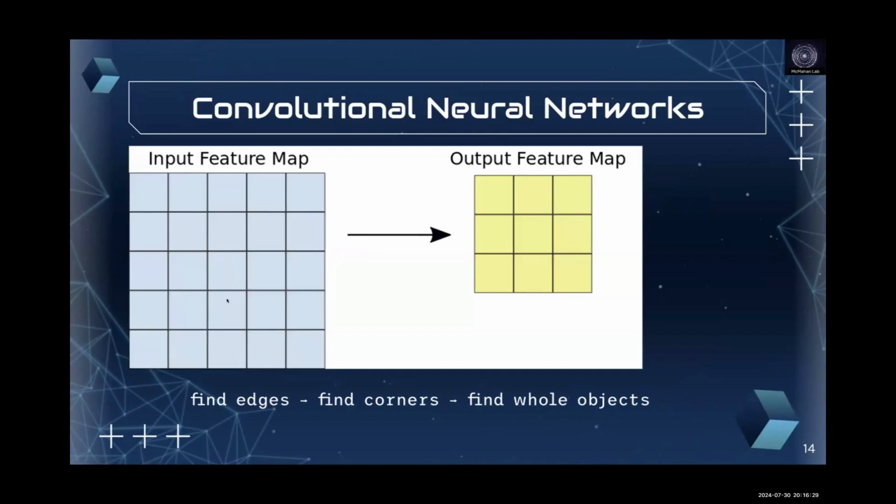What this filter does is it attempts to find different features within the input feature map. In a first layer, it tends to find simple features like edges. Then eventually, as you build up your convolution layers, you attempt to find patterns between the features and correlate those patterns to the classification you're trying to find.